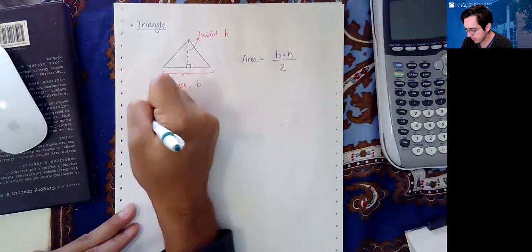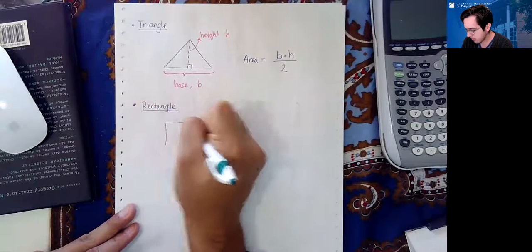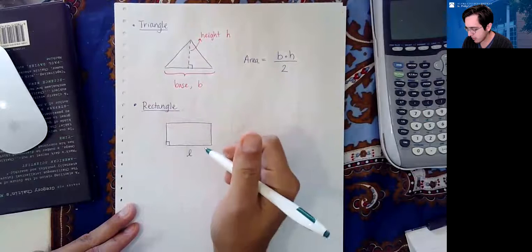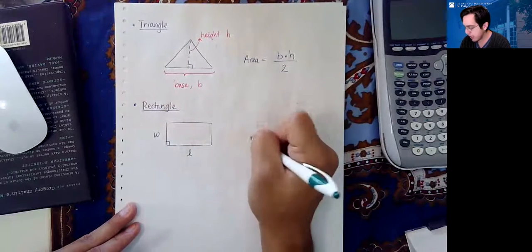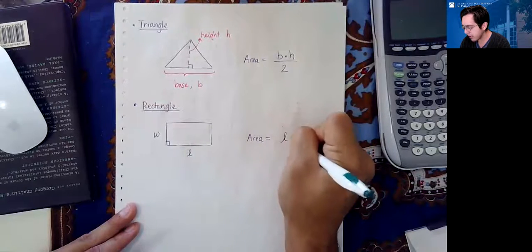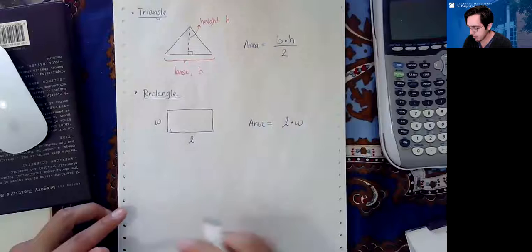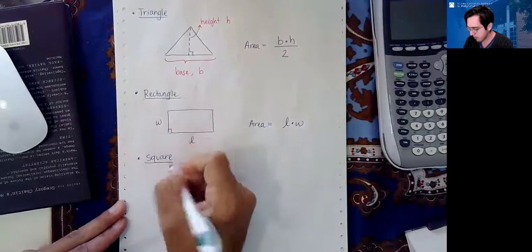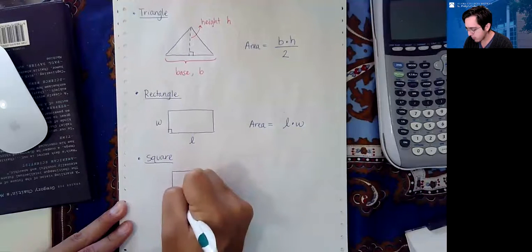For a rectangle, we typically call the sides length and width. So we call this L for length and W for width. And the area of a rectangle is calculated just by multiplying length times width. A square is a special kind of rectangle whose sides are all the same.